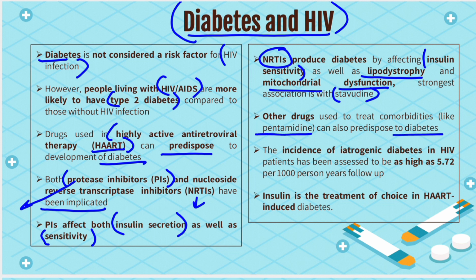It is seen that the incidence of iatrogenic diabetes is very high, approximately 5.72 per 1000 person-years of follow-up, and in this highly active antiretroviral therapy induced diabetes, insulin is the treatment of choice.